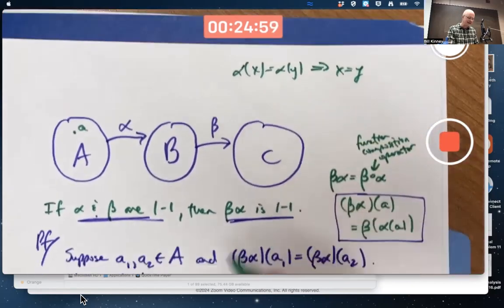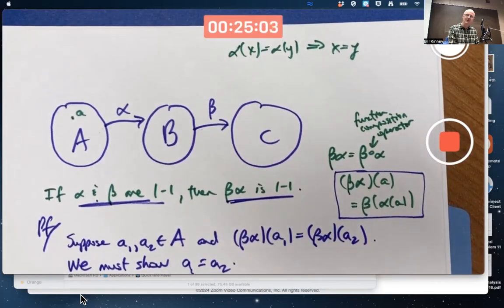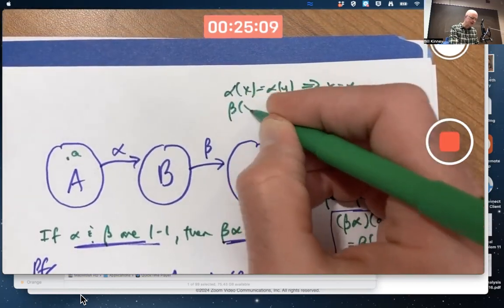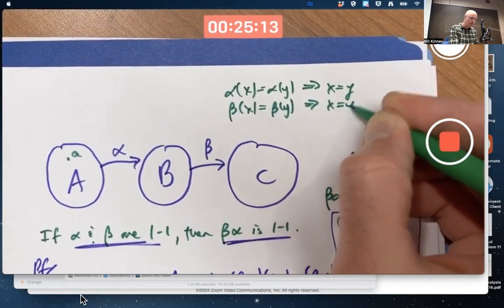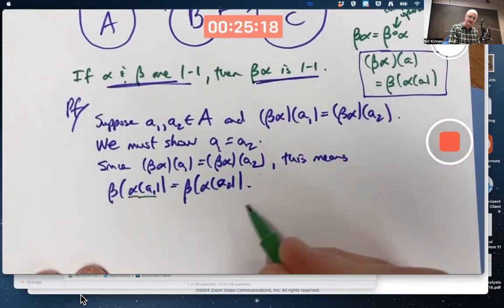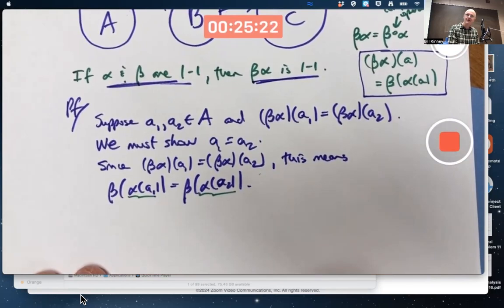We don't have a condition like that down here, because the beta is kind of interfering in a sense. The fact that beta is 1-to-1 means that beta of x equaling beta of y implies x equals y. We do have a condition like that. There's your x, there's your y. So you've got to use the fact that beta is 1-to-1 first. The order does matter.